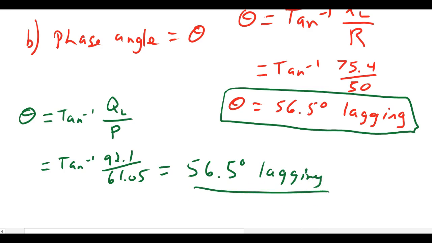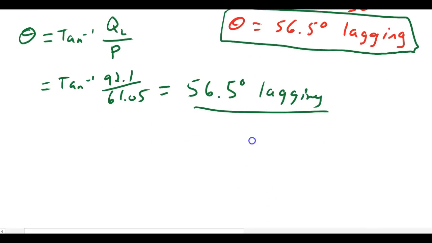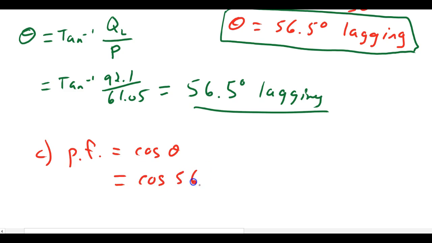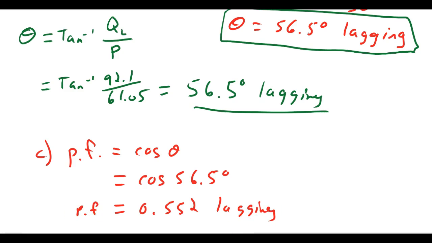Now, the power factor is generally given simply as cosine of theta. And so the cosine of 56.5 degrees gives us 0.552. And again, we should say that the power factor is lagging.